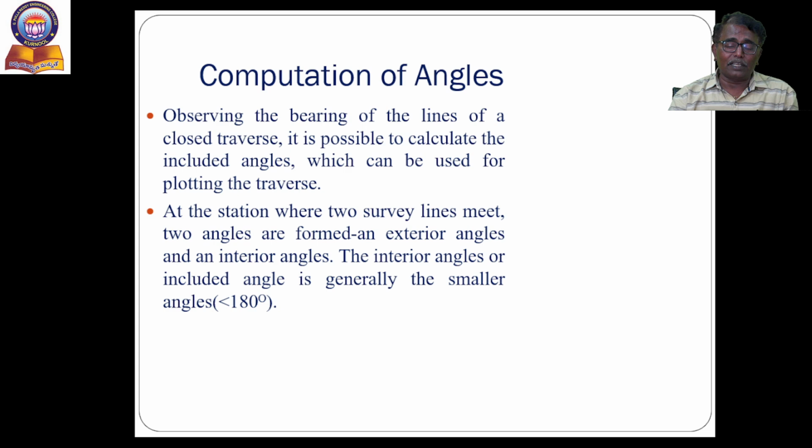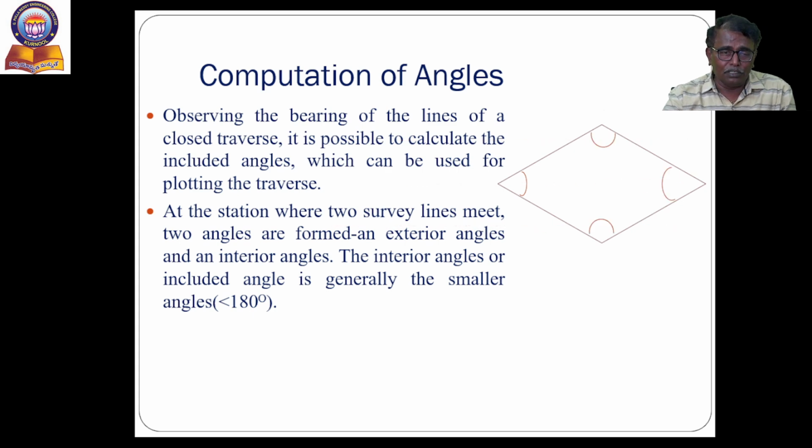The interior angles, or included angles, are generally the smaller angles, less than 180 degrees. These are the included angles. You have to compute the included angles for checking the traverse calculations, and they may also be useful for further traverse calculations.